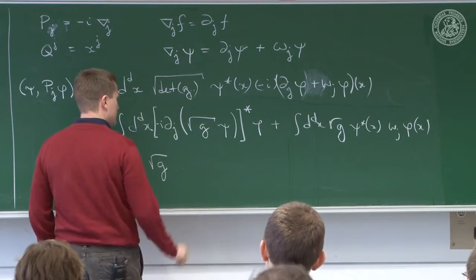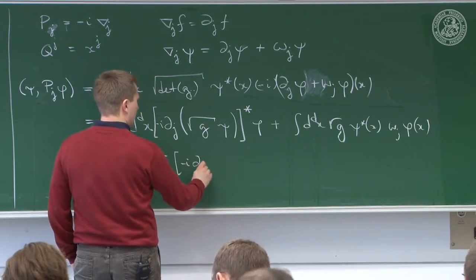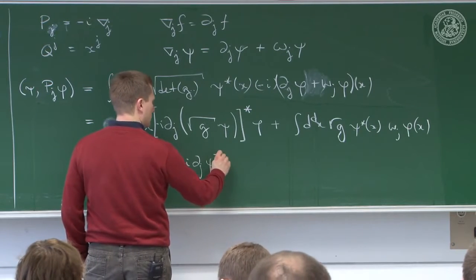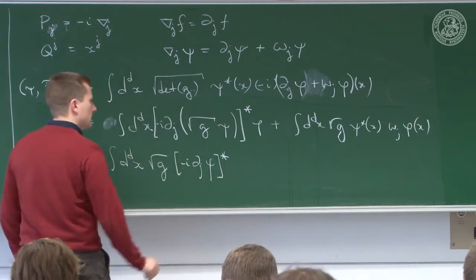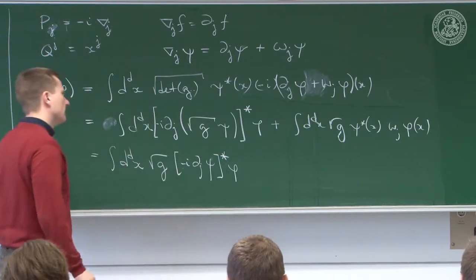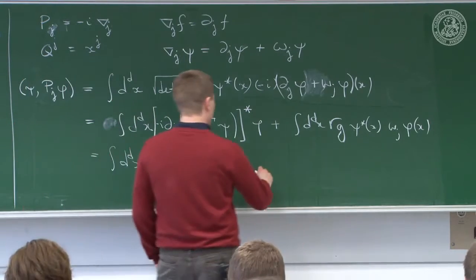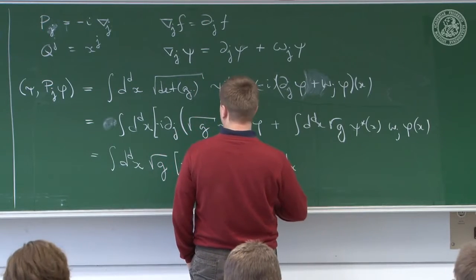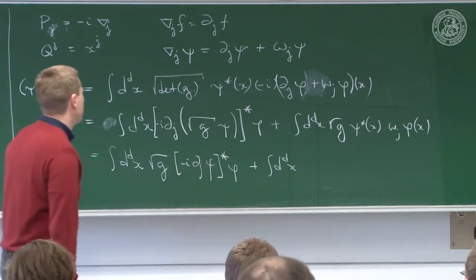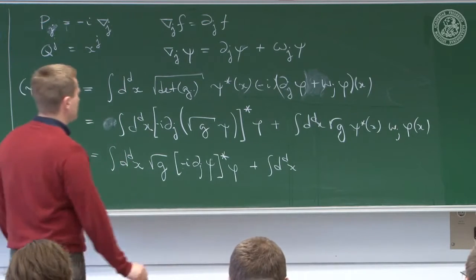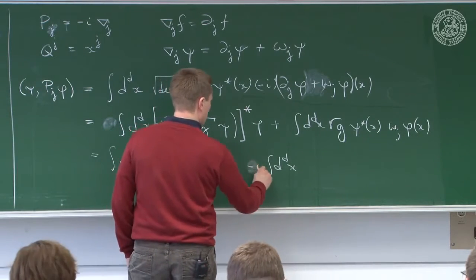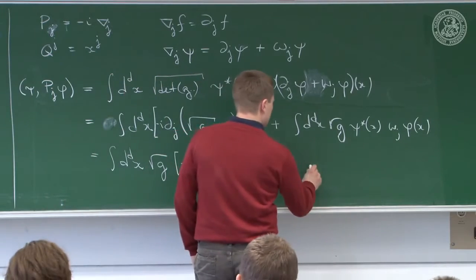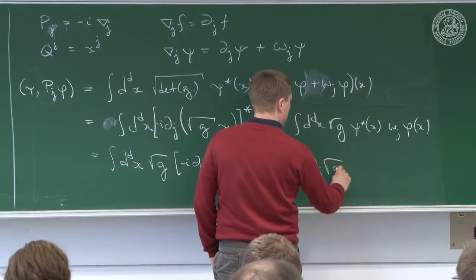So I first act on the second term, minus i del j psi starred phi plus integral d^d x minus i times del j square root of g.